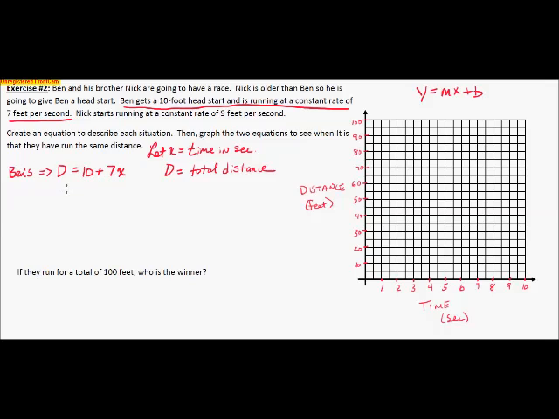So far we have a y-intercept of (0, 10), and we have a slope of 7 over 1. So we can go ahead and graph that. That's pretty easy to do here. We're going to start right here at 10 for his head start, and he's going to go up 7 over 1.